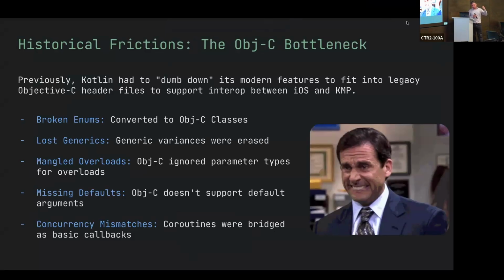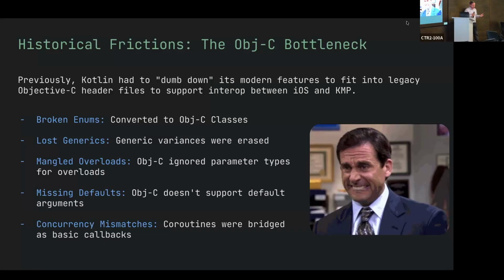And so for our folks that are working in Swift, and if we're leveraging KMP, or even KMP and Compose Multiplatform and needing to do something native in Swift, it can be pretty painful, or it was pretty painful. You'd have broken enums because they were converted to Objective-C classes. We would lose generics, and they were erased out. Objective-C ignored parameter type for overloads.